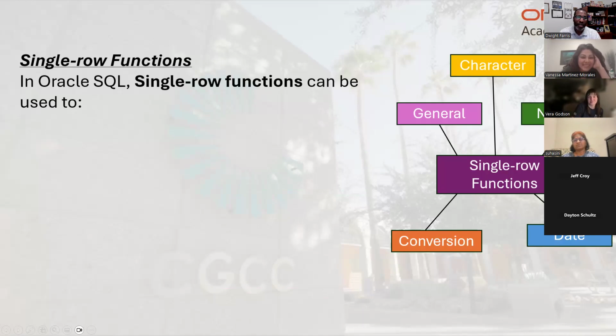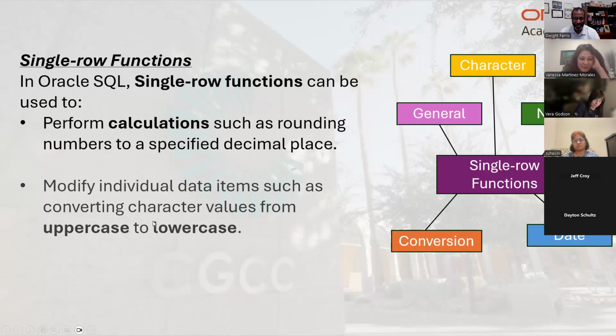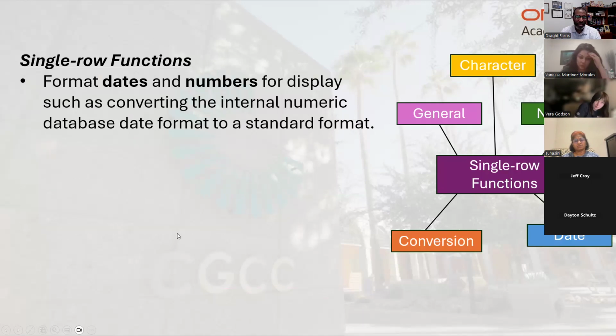Anyway, sorry. Single row functions can be used to perform calculations such as rounding numbers to a specific decimal place, and to modify individual data items such as converting character values from uppercase to lowercase. Someone had asked me before about dealing with the case in your data. Yes, you do have a function to help you with that.